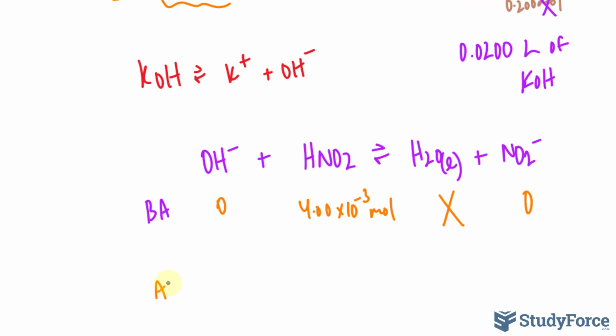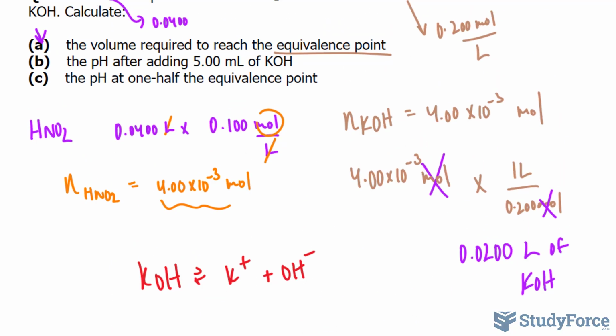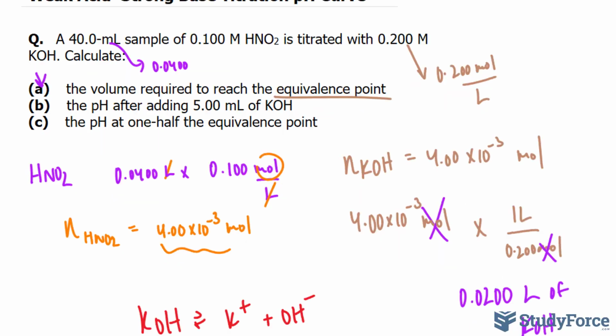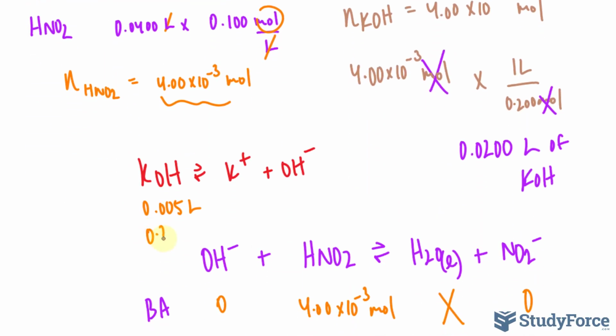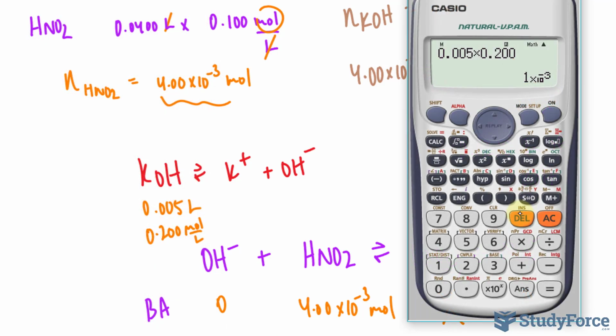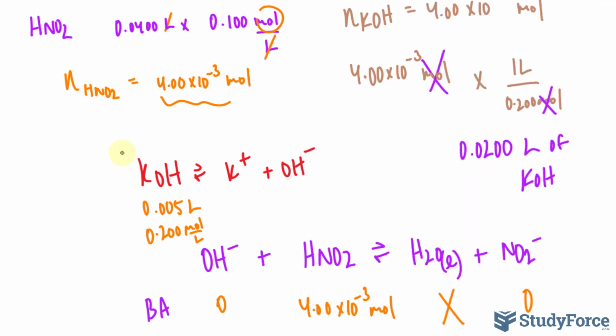After the addition, however, I'll write down AA for after addition, we are adding, let's see how many moles of OH. So we were told that it was 0.005 liters, and the concentration as given in the question was 0.200 moles per liter. So if I multiply these two out right now, let me show you. I end up with 1 times 10 to the power of -3 moles. And because it's a 1-to-1 ratio, the same amount of moles here.